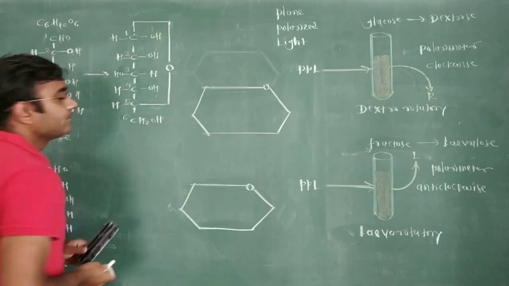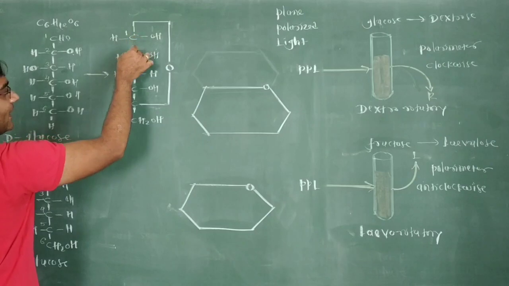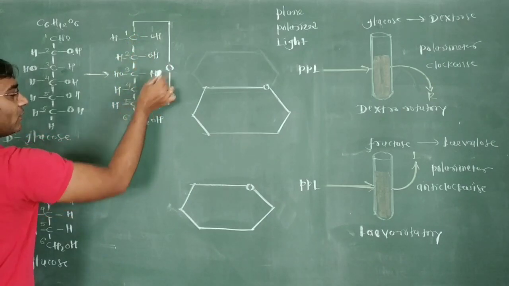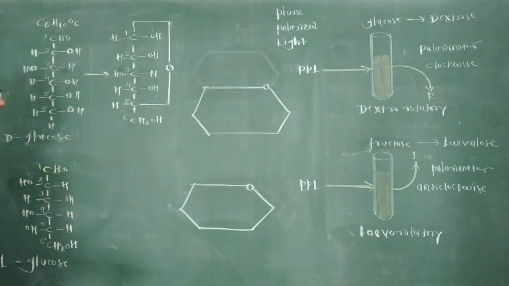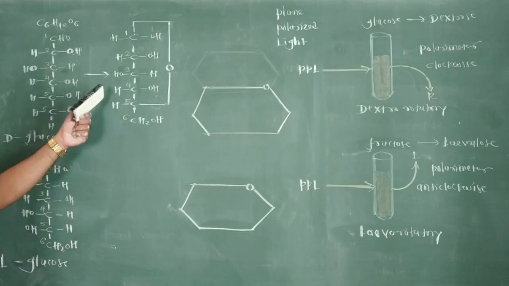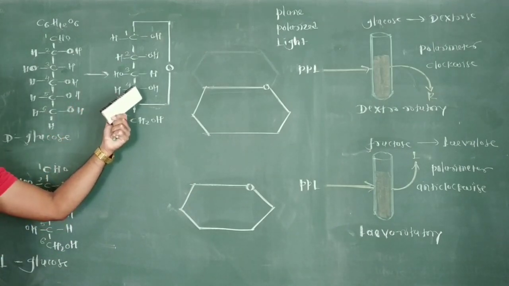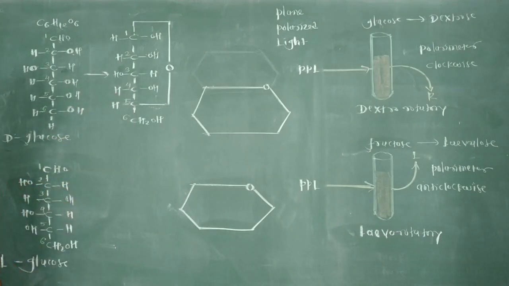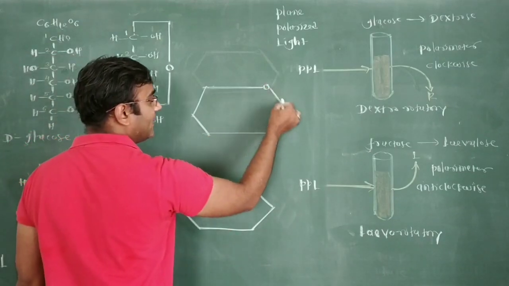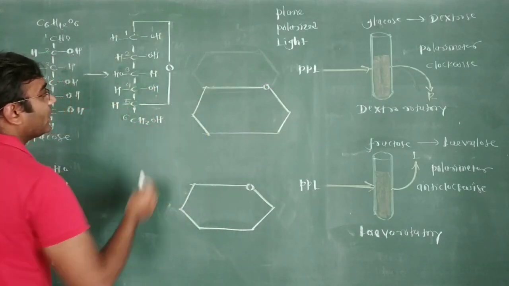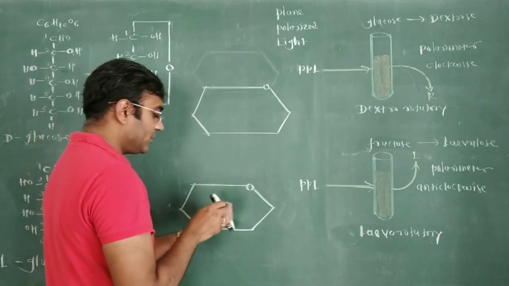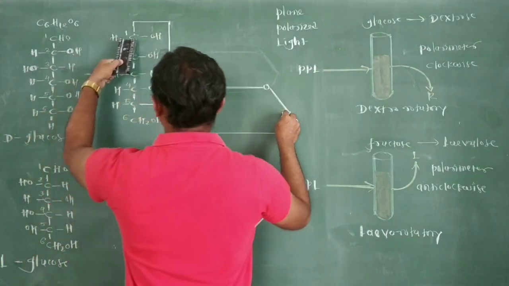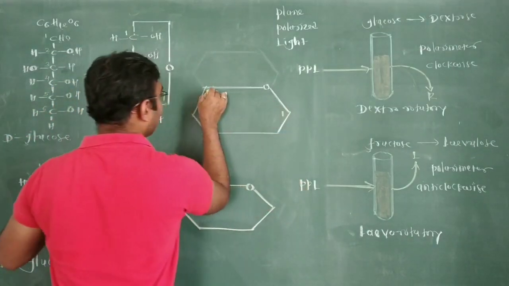In this ring, five carbons are present within the ring along with oxygen, and the sixth carbon is outside the ring. Now, in the ring structure we prepare 6 corners: 1 corner for the oxygen and 5 corners for the carbons. The oxygen joins the first carbon to the fifth carbon.